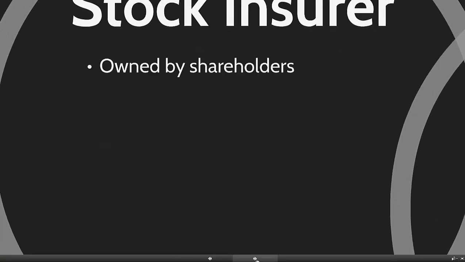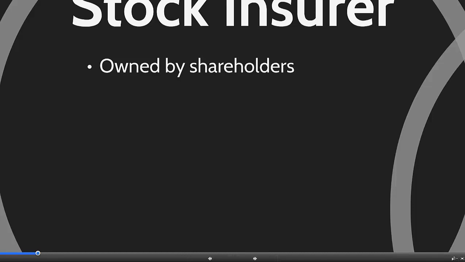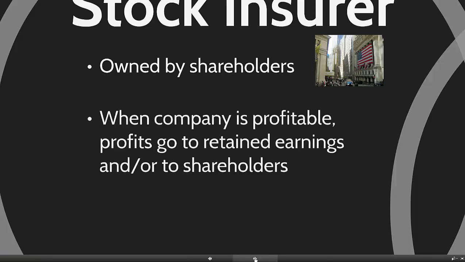Stock insurers are simply insurance companies that are owned by shareholders. So similar to just about any other large organization you can think of, like Walmart or Microsoft or Procter & Gamble. When the company is profitable, profits go to retained earnings and or to shareholders in the form of dividends.